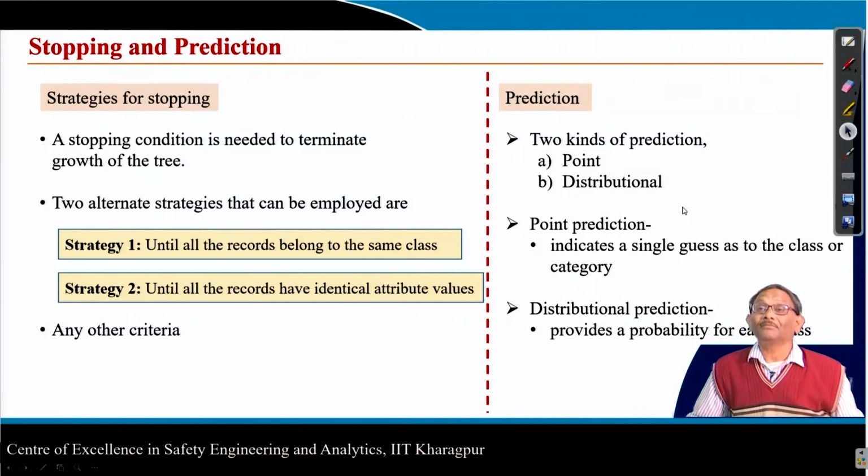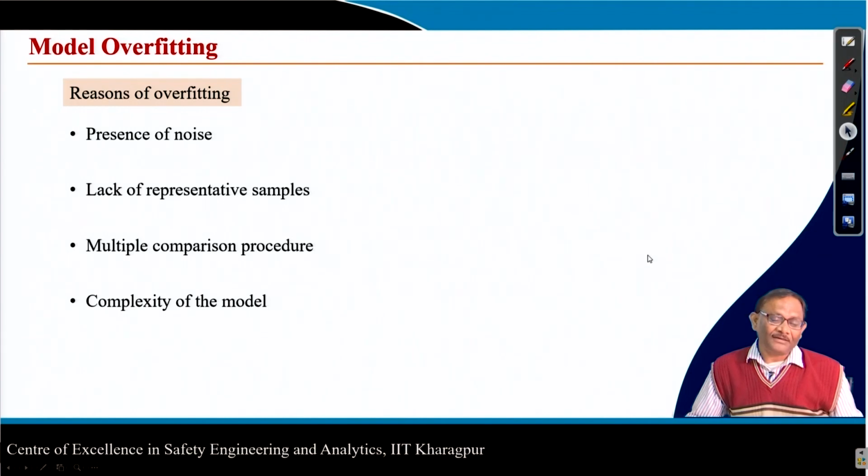So I hope that you have understood the basics of CART and some more issues like reasons for overfitting. Overfitting and underfitting are important issues, and here we want to discuss only the reasons of overfitting, which are listed here.